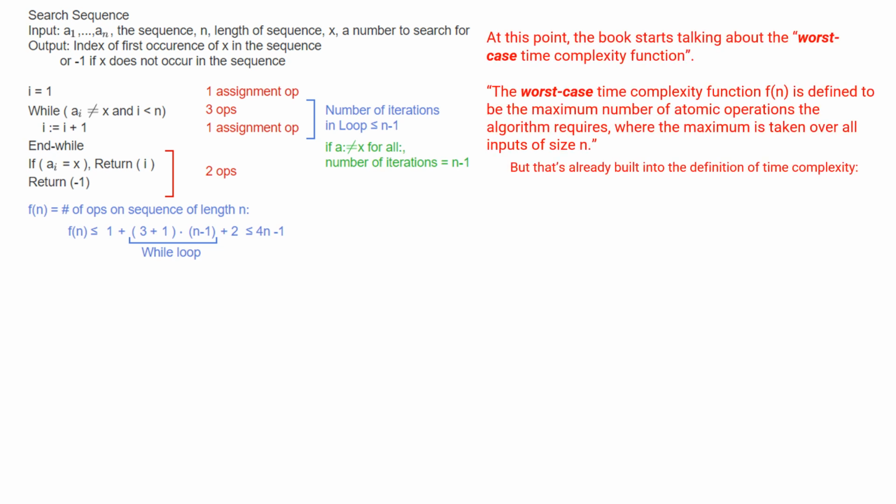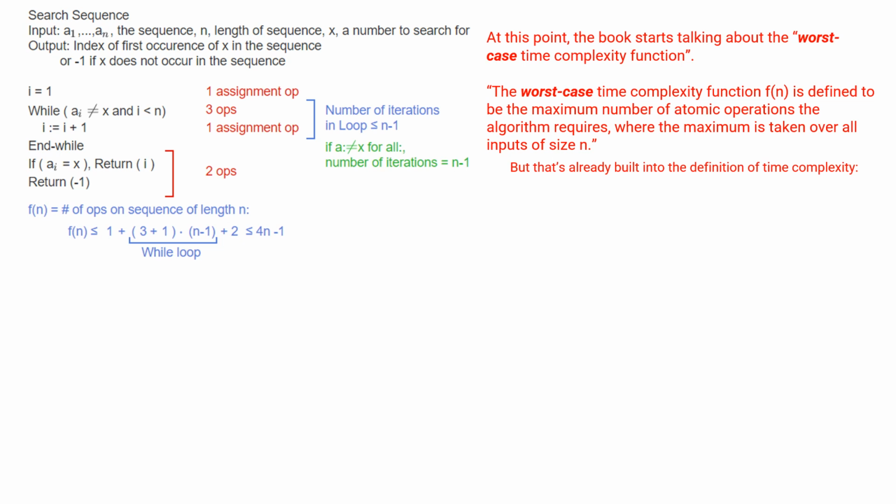at this point I wanted to say that in the book they start talking about the worst case time complexity function. And this is what they say. The worst case time complexity function is defined to be the maximum number of atomic operations the algorithm requires, where the maximum is taken over all inputs of size n.